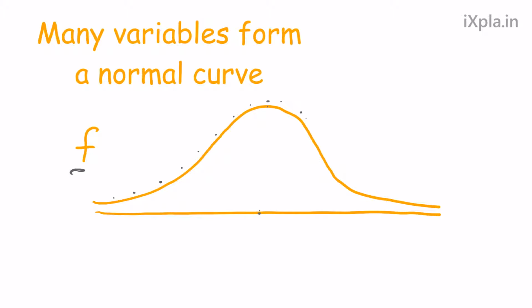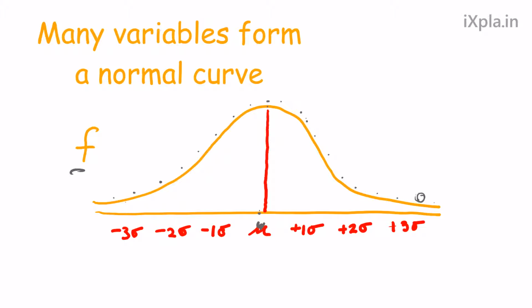That means that there's a lot of scores in there. And as we go down, the scores get less and less and less. So there's very few scores down here, and there's a lot of scores over here, because the curve is high at that point.